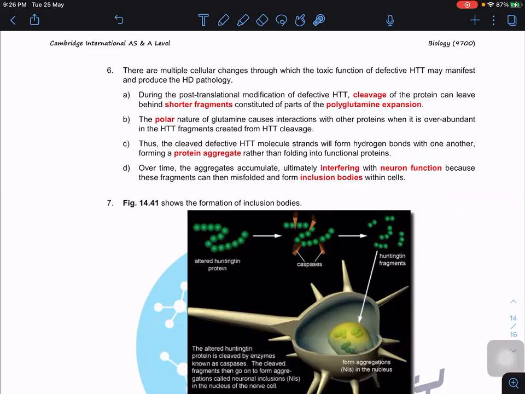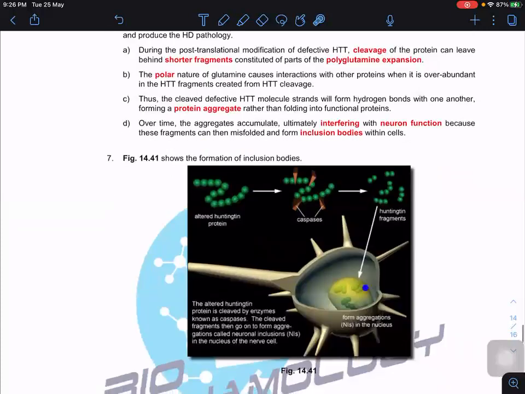But the problem is the glutamines are polar, so they attract other proteins and form what we call protein aggregates. Can you see that? These protein aggregates interfere with neuron function, because the fragment can misfold and form inclusion bodies within the cells.